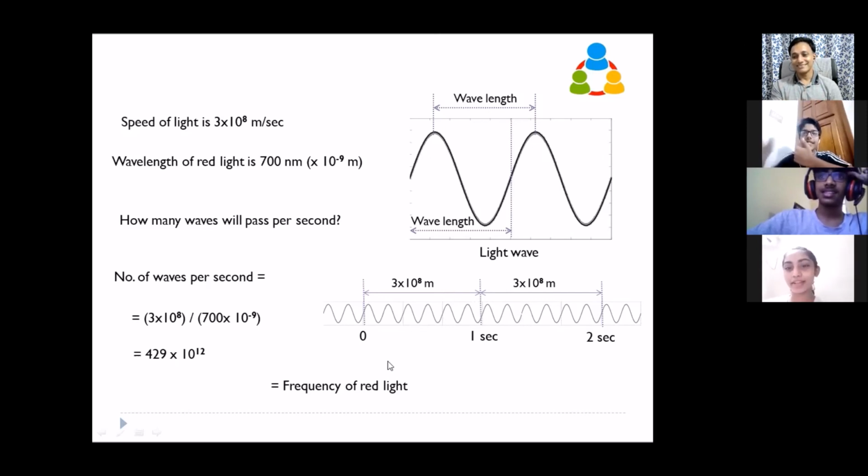The distance. The number of waves. What will decide the number of waves? The length of the wave, the wavelength.